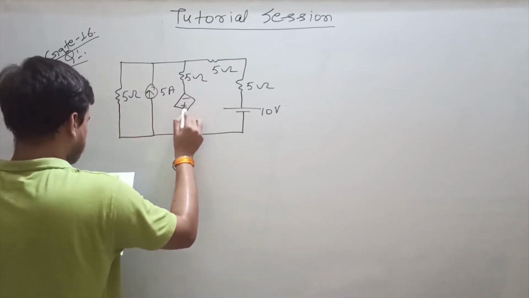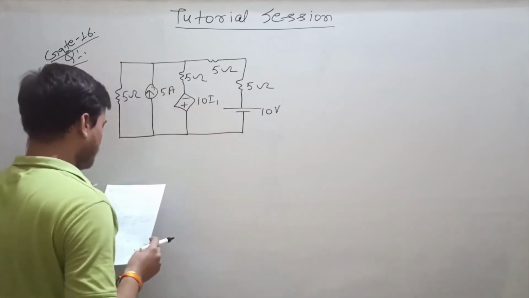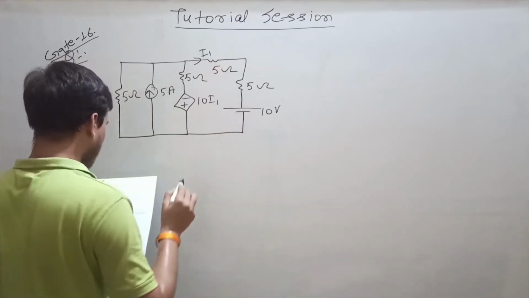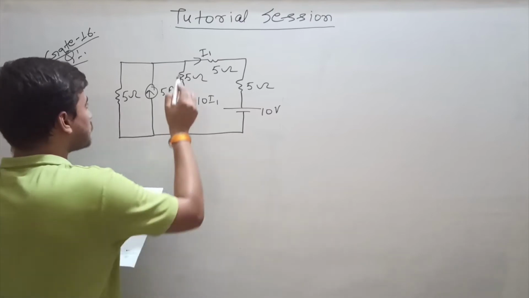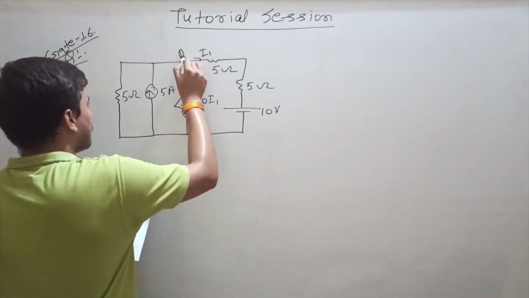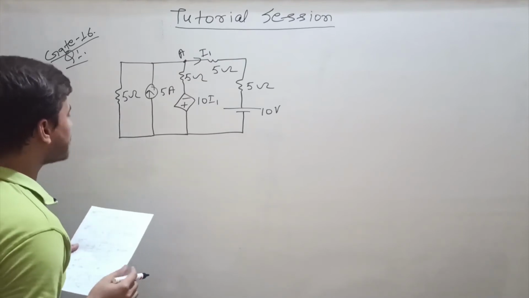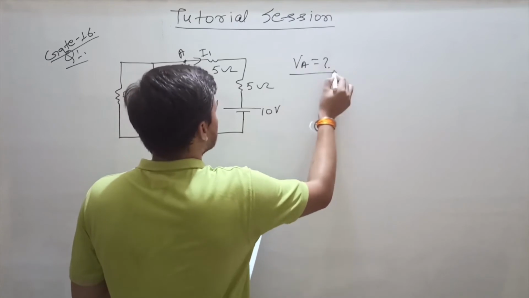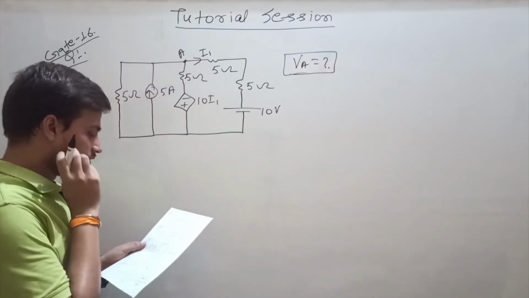This is minus plus 10 I1, and this current is I1. You have to find the potential at point A, that is, VA equal to what?